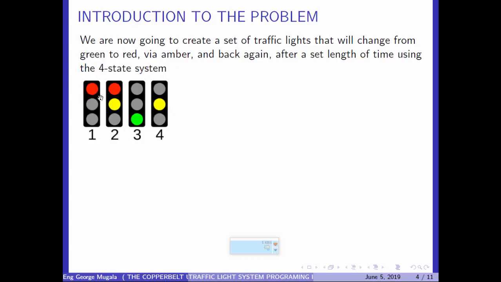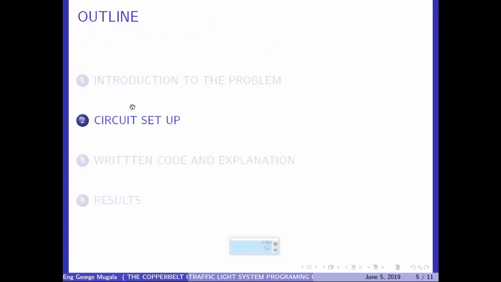The one I've done for you is that we have red, and then amber, then green, then it went directly to red. So there's a bit of a mix-up, but if you have to, you could also make it go through amber then back to red. Okay, so let's just go through the circuit setup.